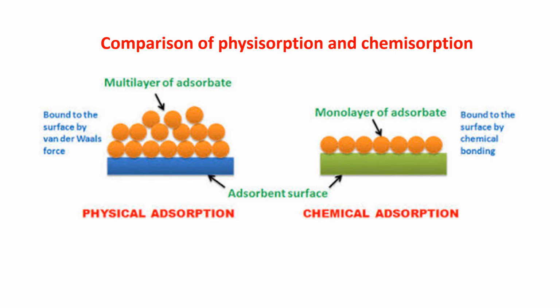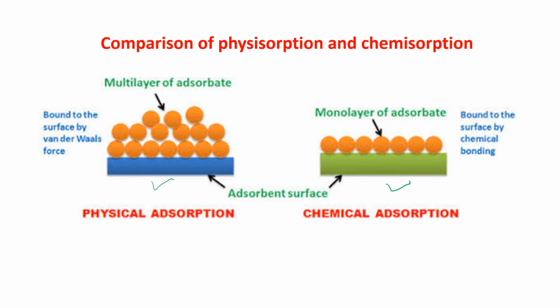Now you can see in this slide a comparison of physisorption and chemisorption. These are the adsorbent surface. For the first one, the adsorbate is bound to the surface by weak van der Waals force, and it can form multilayers as more adsorbate comes. So it is known as physical adsorption.